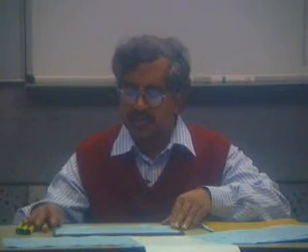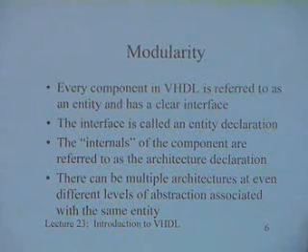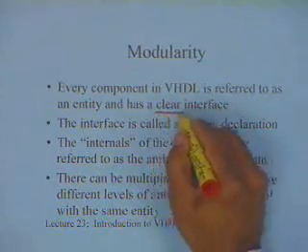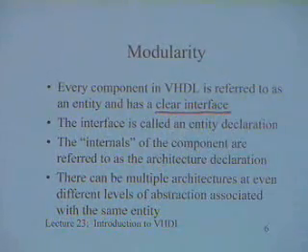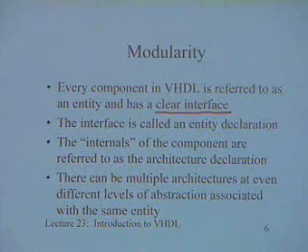Let us illustrate how modularity is achieved in VHDL. Every component in VHDL is referred to as an entity and has a clear interface. Part of the modularity comes from the fact that the interface is very clearly defined in VHDL, which is very distinct from the body of that particular component.